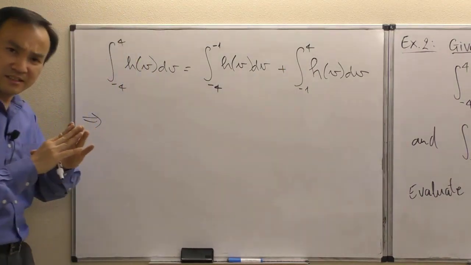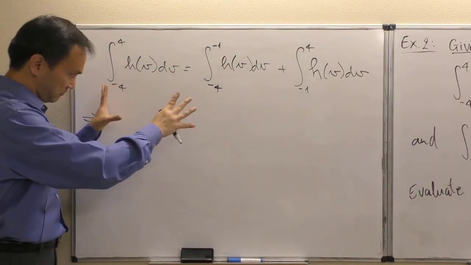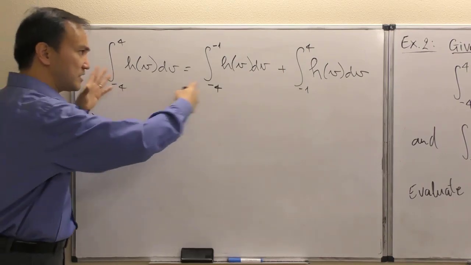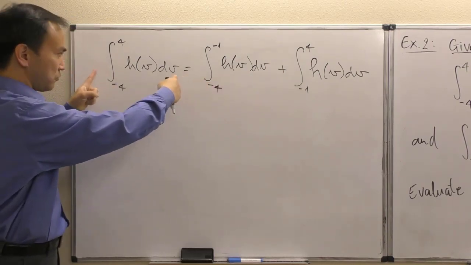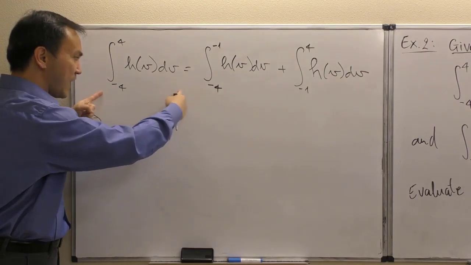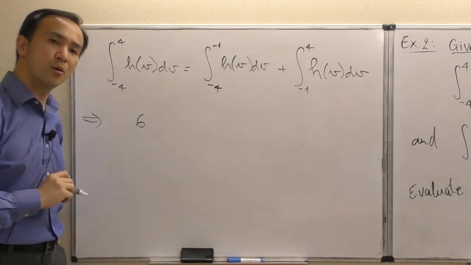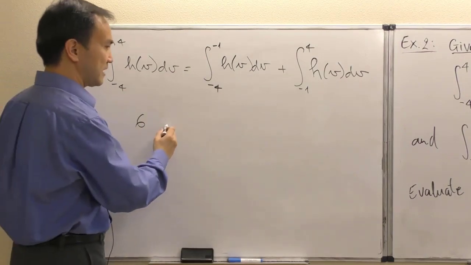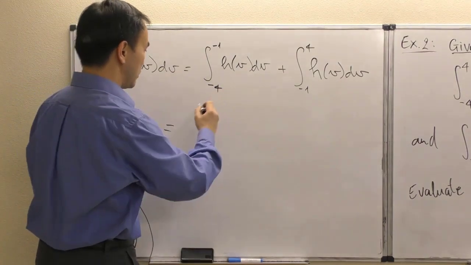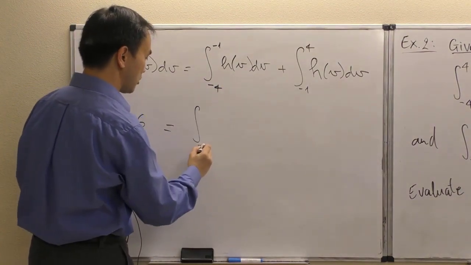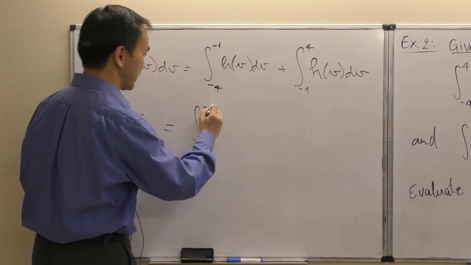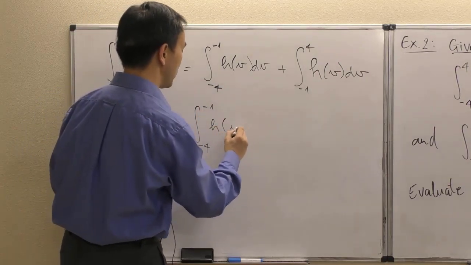That's another point I would like to point out here, that we can see this as an equation. So we don't have to worry about how the given information obtained that value, but this is a 6 according to the given information. And then this is the one that we need to find. So that integral from -4 to -1 is unknown, and that's the one we need to evaluate.